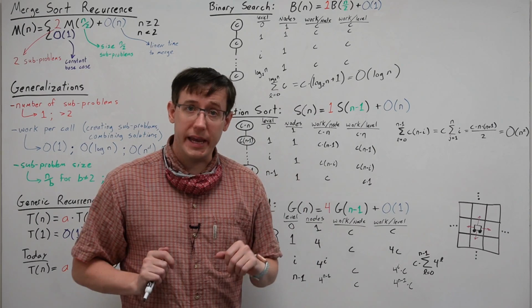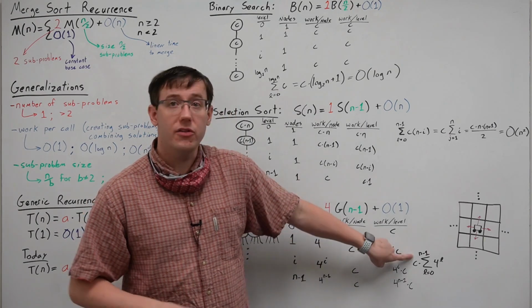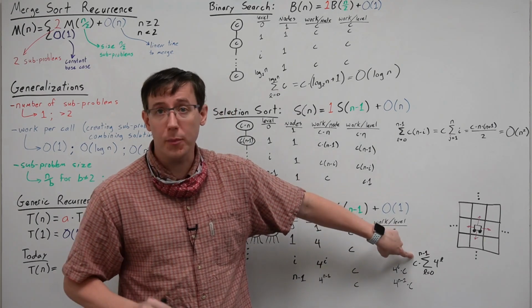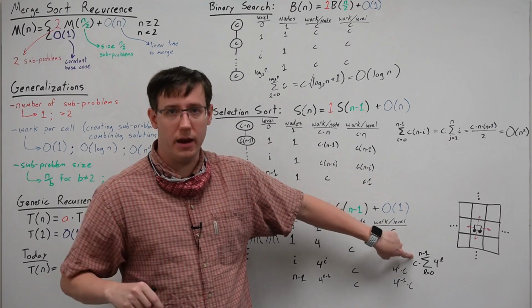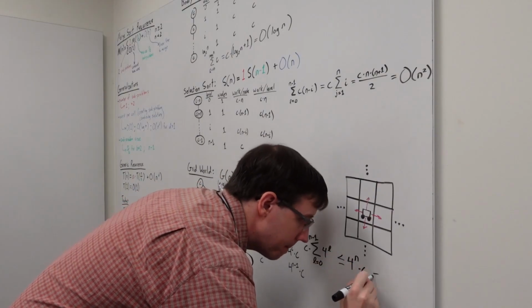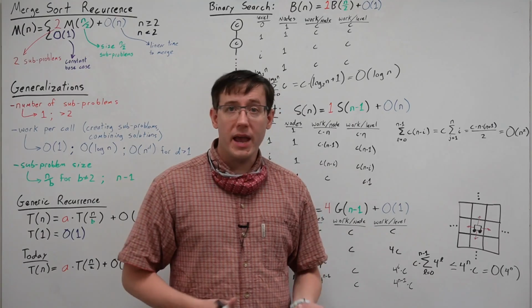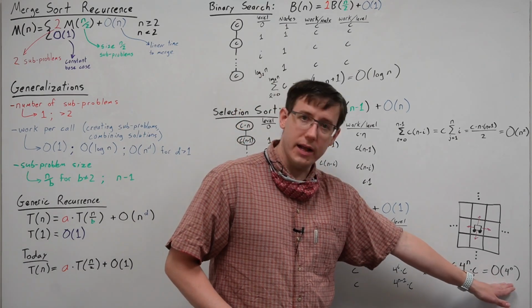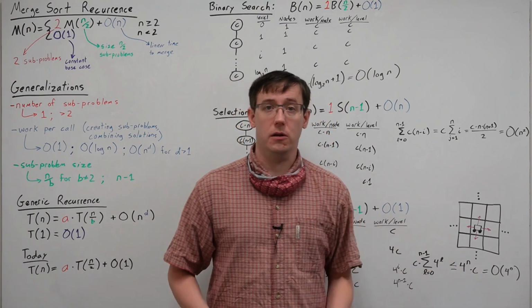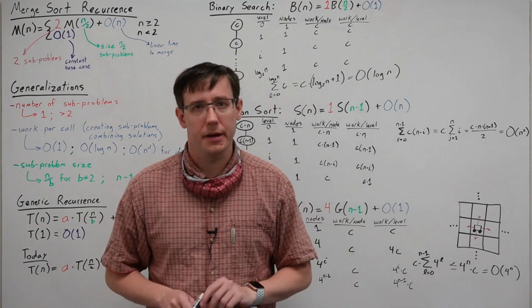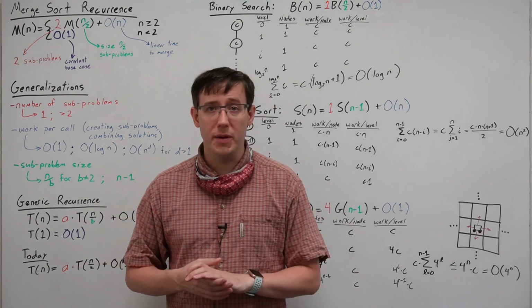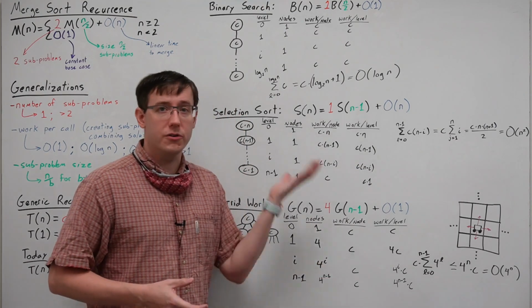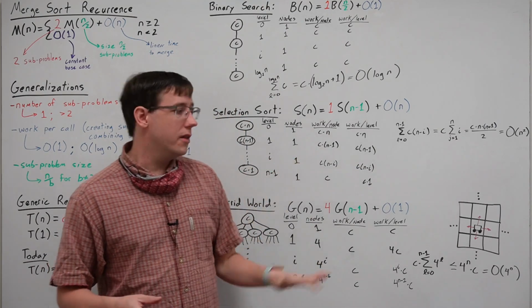And you are definitely capable of proving that this summation is upper bounded by 4 to the n. And then once we have an upper bound for the recurrence relation, our big O analysis says that this algorithm has exponential running time.